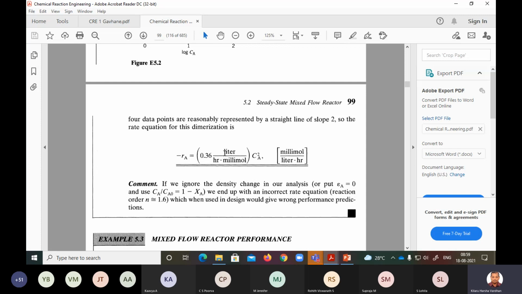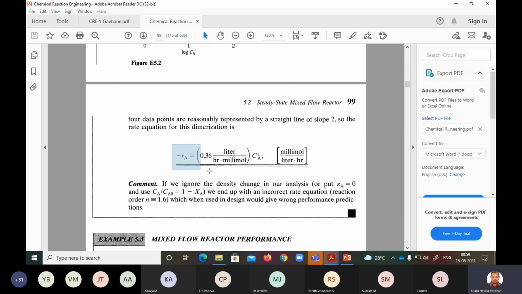K will have a unit of liter per hour millimole, because for CA squared, minus RA has units of concentration per time, so K has concentration power 1 minus N into time power minus 1. With N equal to 2, that is concentration power minus 1, time power minus 1.